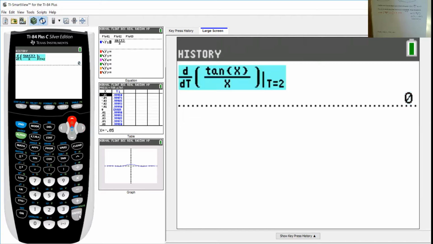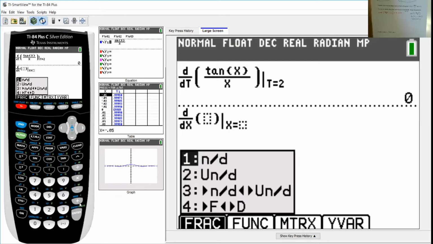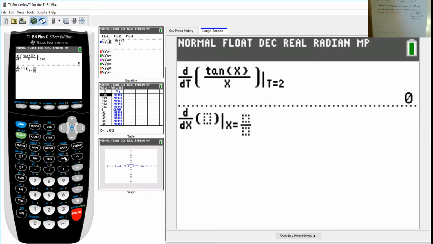Yeah, I'll just do it from scratch. Math 8, fraction, tangent x. Oh, for goodness sake. I always look at just the keyboard and I have to look back and forth.